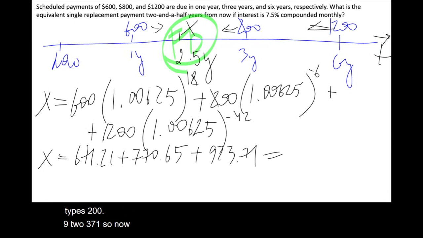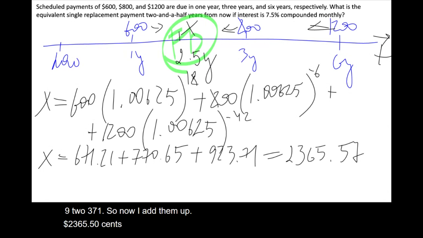So now I add them up. $2,365.57. So please confirm my number.